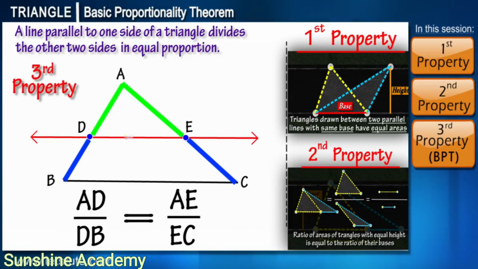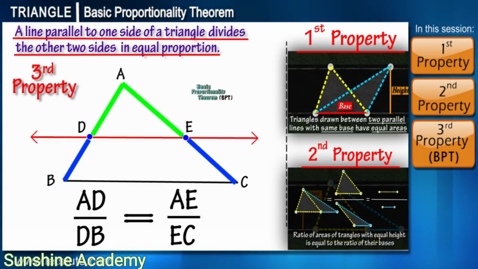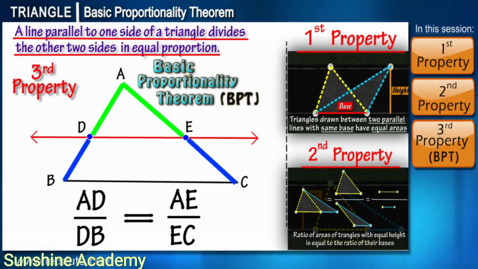And the third property which we learn in this session is, if a line is drawn parallel to one of the sides of a triangle to intersect the other two sides in distinct points, then other two sides are divided in the same ratio. This statement is called as basic proportionality theorem.